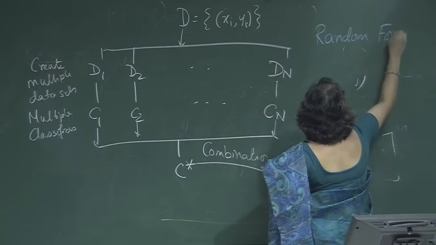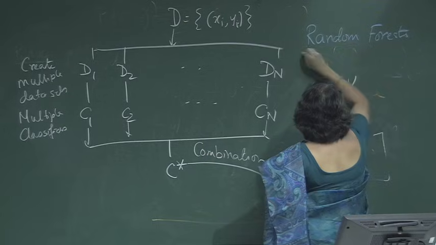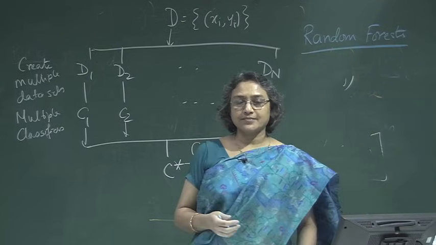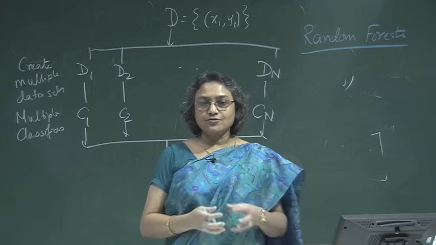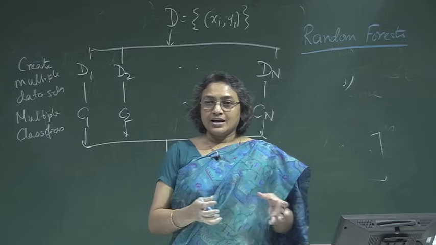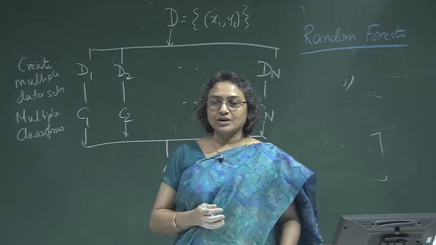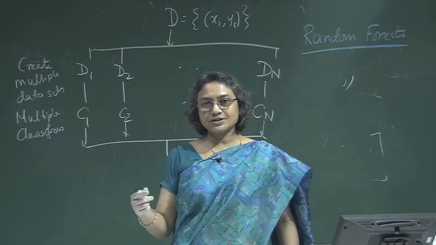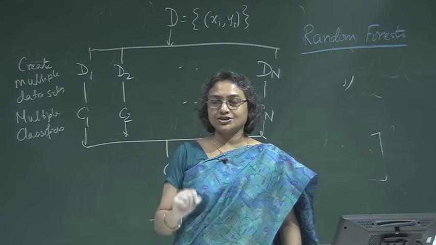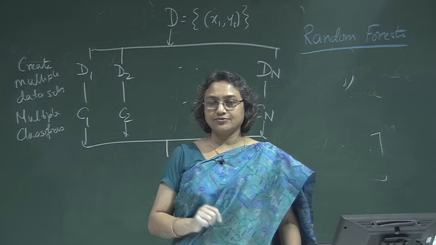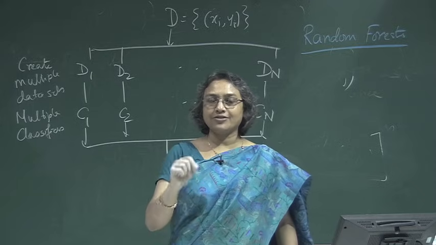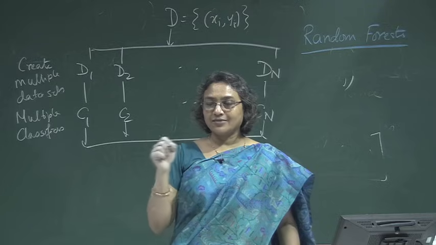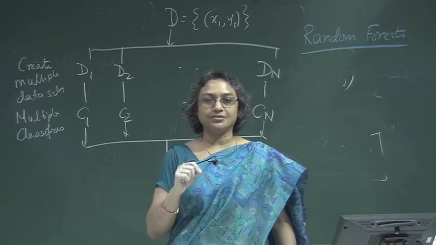Random forests is an ensemble defined on decision trees, where you force your ensembling model to come up with different decision trees. How do you force them? You put some randomization in the attribute selection phase, where different attributes will be selected in a random manner when you go to split a node.